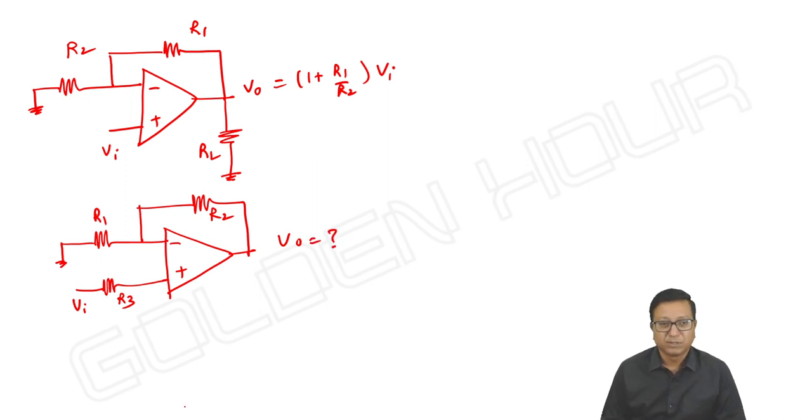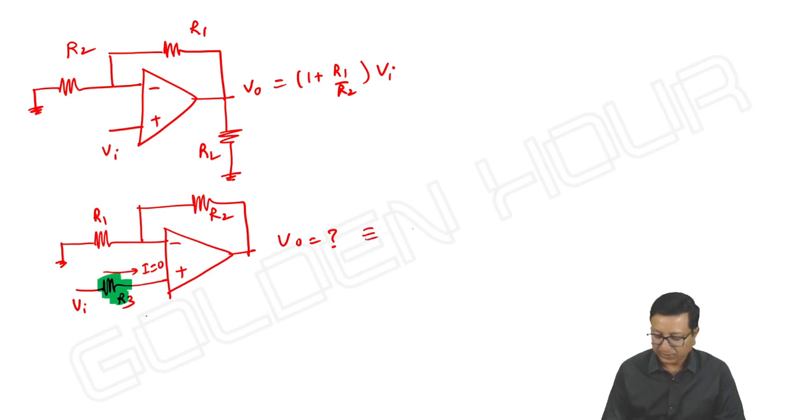What is output? Is there any current that is possible in this direction? No. No current enters into input terminal of op amp. So, is there any role of this R3 here? No. So, I need not worry about this R3. So, this circuit is same as that of the basic circuit only.